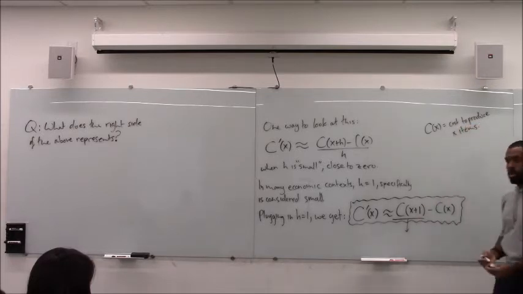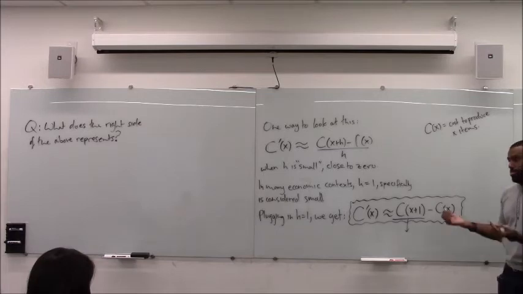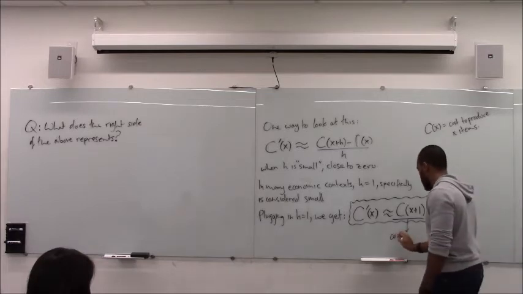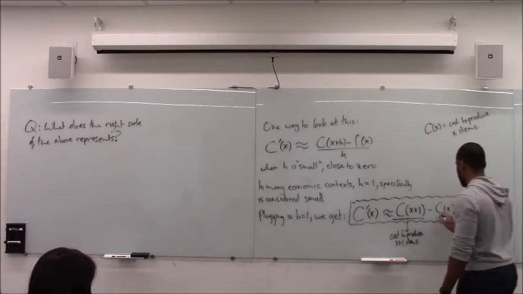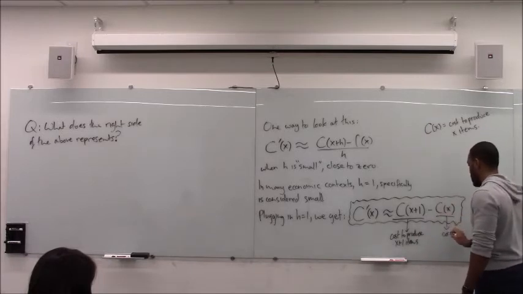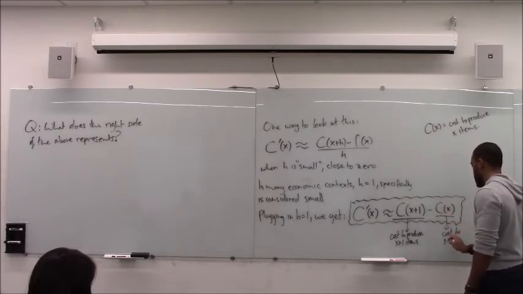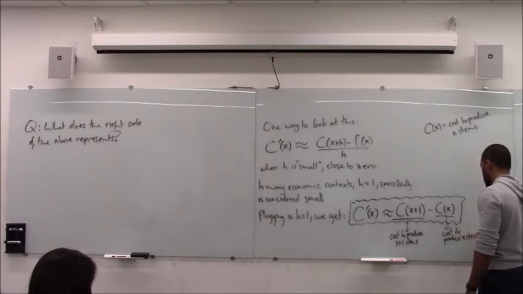What is C of x plus 1? Yeah? The cost to produce x items plus 1. So this is the cost to produce x plus 1 items, right? This guy here is the cost to produce x items. What is the difference representing?